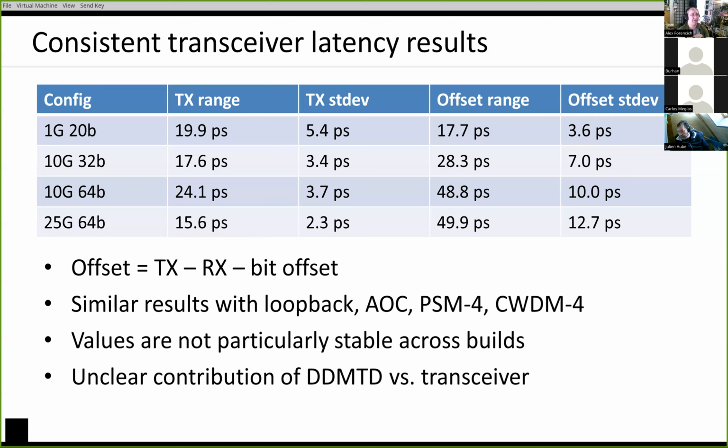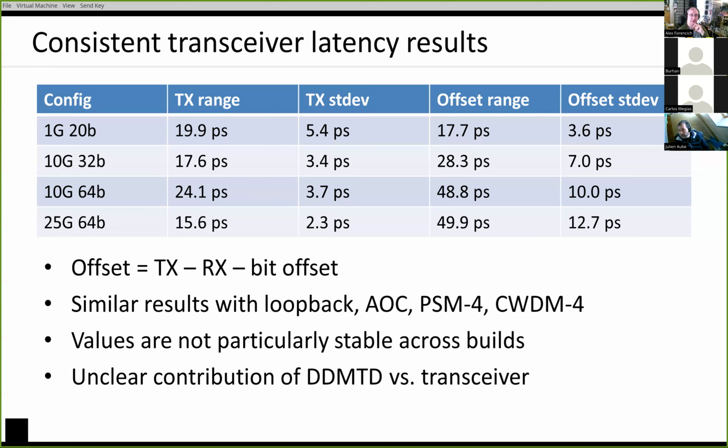So for the time being, what I'm going to do is set these measurements aside, but use this particular transceiver configuration for the MAC and PCS logic going forward, and rebuild things to work with this particular configuration.